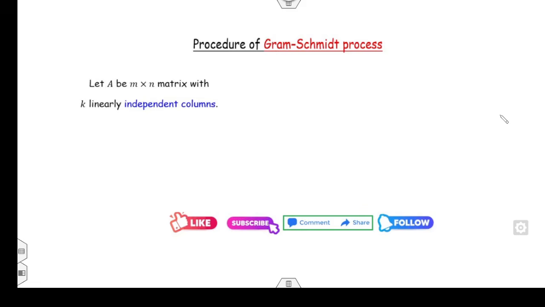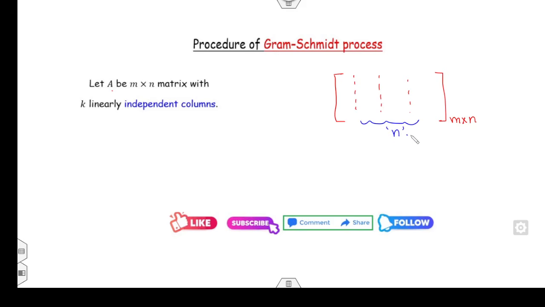So let's start with this. If you have the matrix A, which is m cross n, how many columns are there? You have n columns.